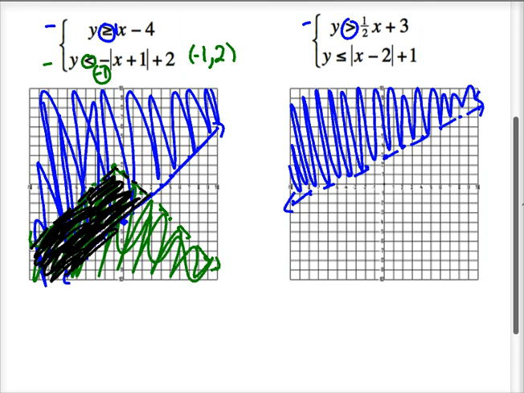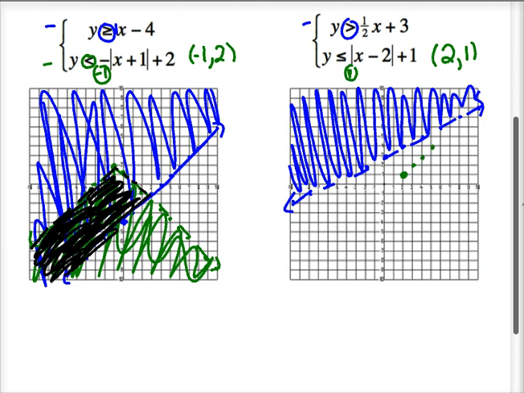Now let's graph my absolute value inequality. So let's interpret where its vertex is. It's moving to the right 2 and up 1. So its vertex is going to be right there. And its slope, its stretch, is just 1.